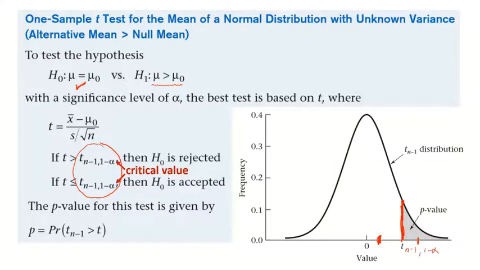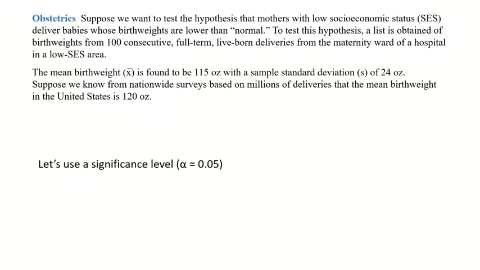So let's try this particular problem. This is the same problem with the women of low socioeconomic status. They deliver babies that are lower than normal in birth weight. So that's our hypothesis: our alternative hypothesis is that the babies they deliver are lower in birth weight than normal.